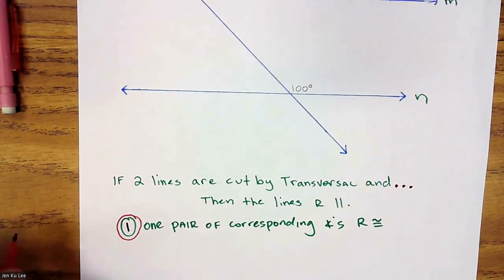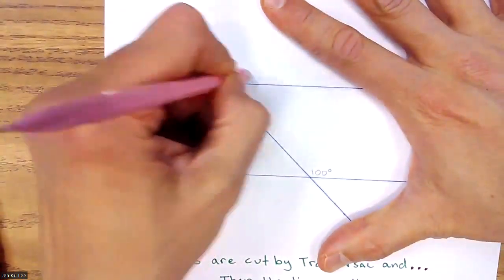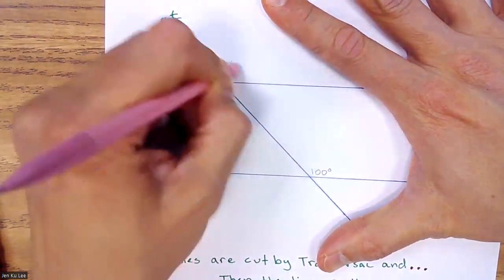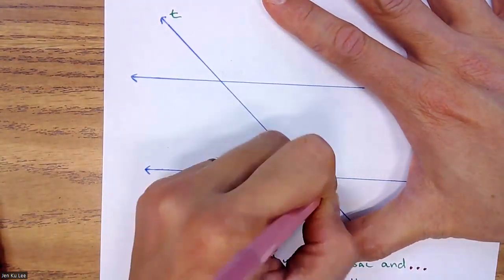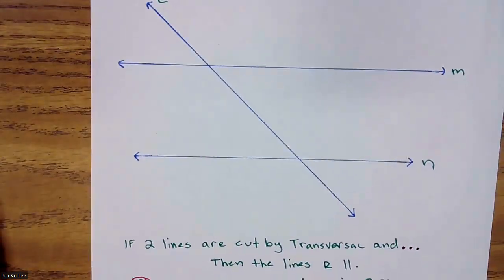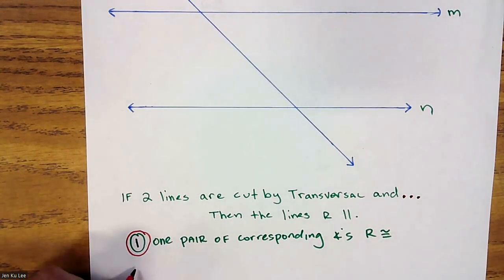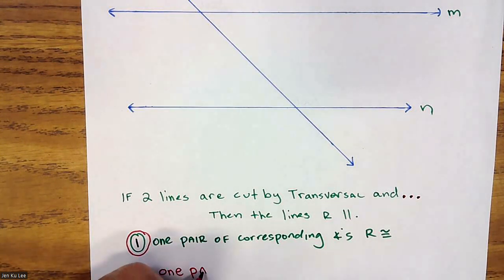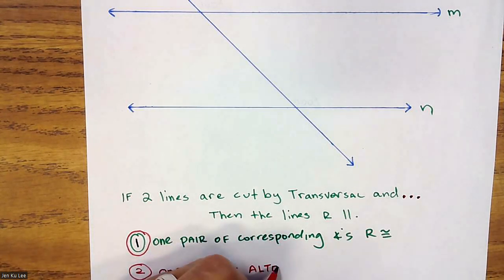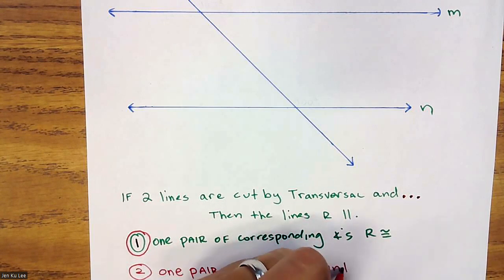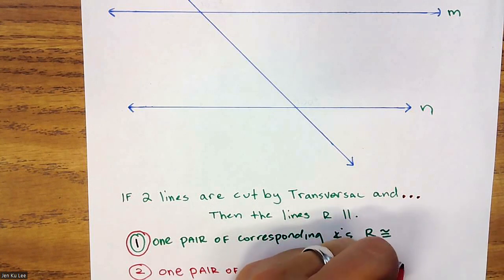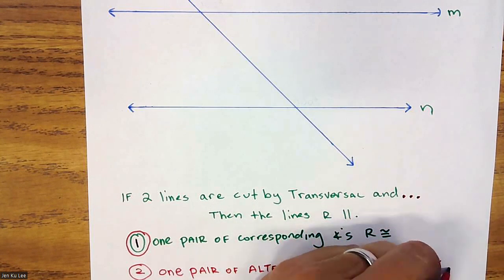Then what's another way of proving lines are parallel? Alternate interior angles. So the second way would be one pair of alternate interior angles are congruent.